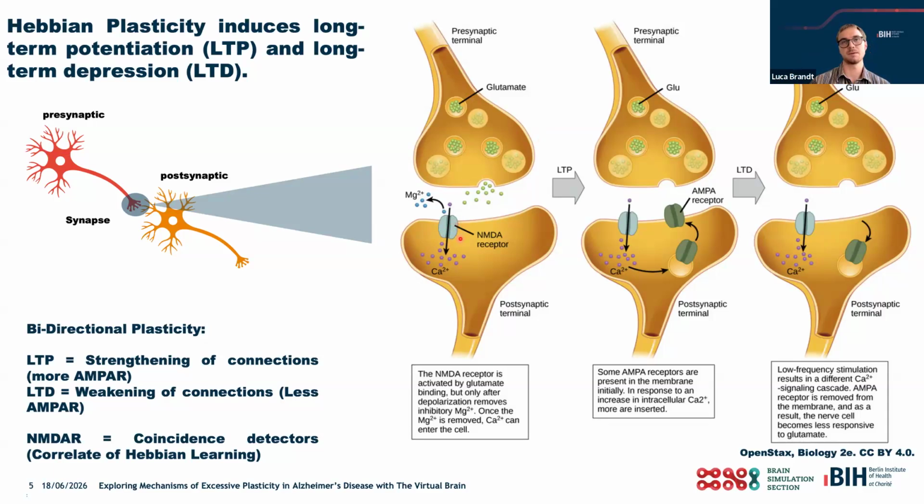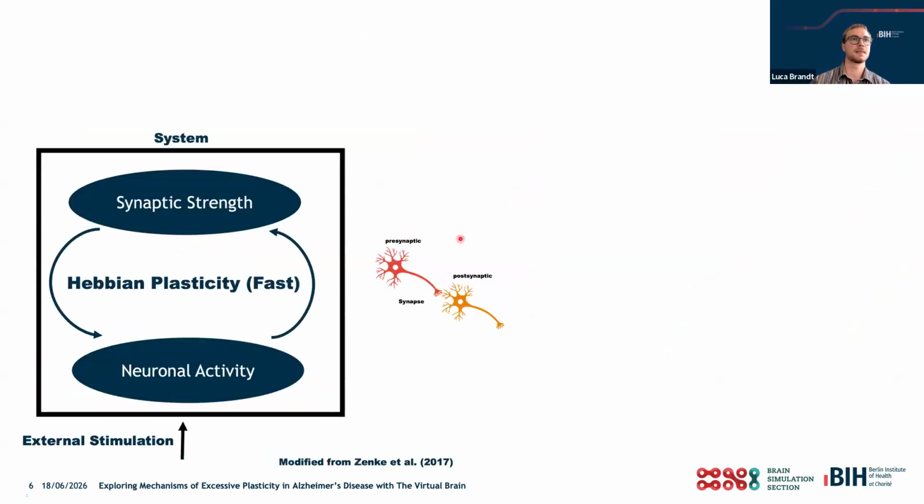This is what happens on the smallest scale, but we're looking into the network scale now. I presented what happens when neural activity facilitates changes in synaptic strength due to the mechanism of Hebbian plasticity, and the system can be influenced by external stimulation.